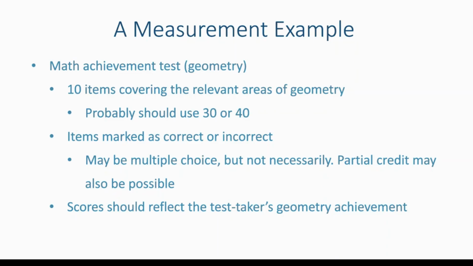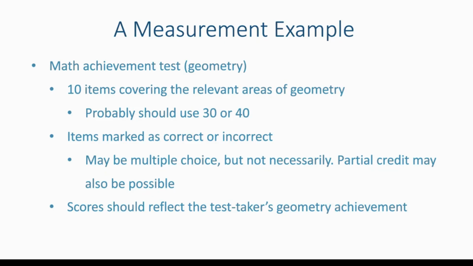And then items are, in this example, going to be marked correct and incorrect. We might have questions on the test that are multiple choice, scored correct, incorrect. But it doesn't always have to just be a multiple choice test for measuring geometry in this context. It could be a test that consists of partial credit responses. It could be a mixture of the two, of multiple choice questions scored correct and incorrect, and some items measuring geometry that are scored in a partial credit fashion of, say, 0 credit, 1 point, and maybe 2 points, like an open response question.